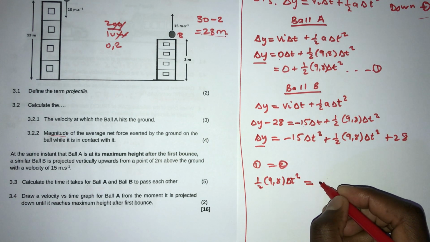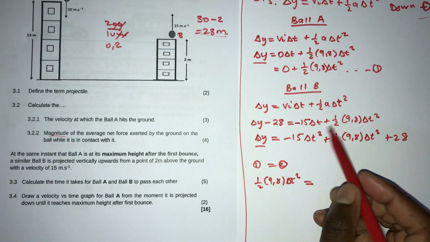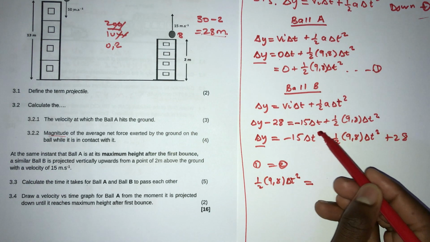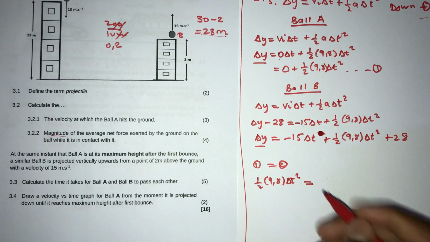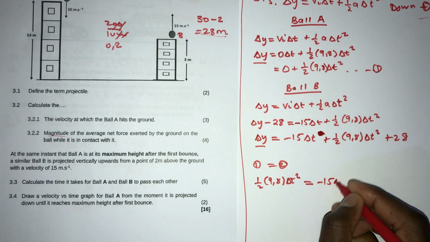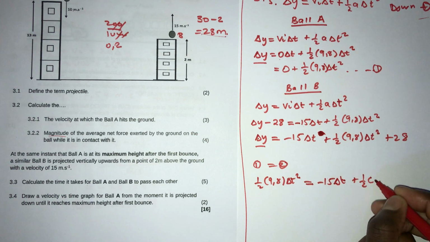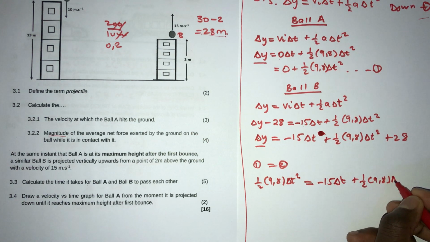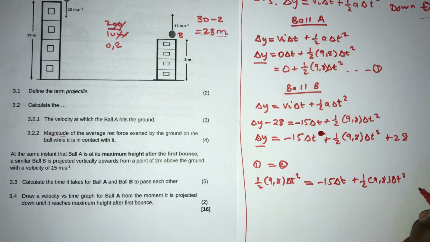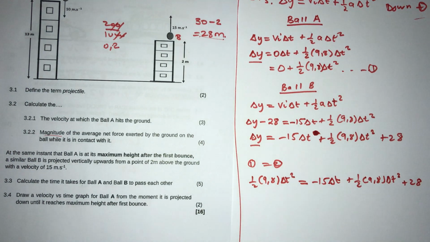So it's going to be, oh, this one's not squared, sorry. It's negative 15 change in time plus 1/2, 9.8, change in time squared, then plus 28.